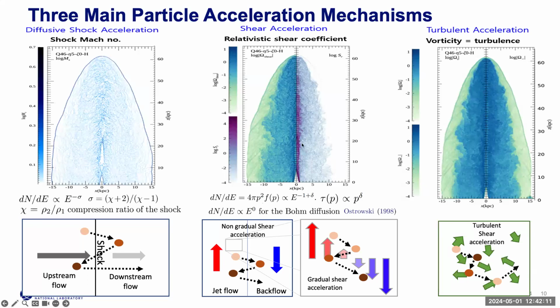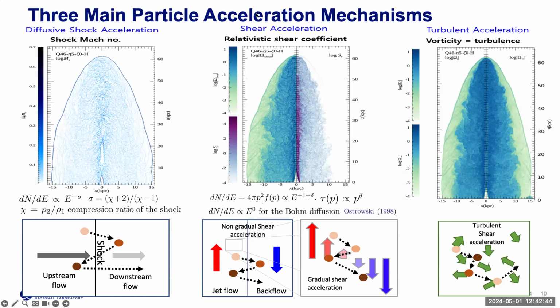And similar to the shock acceleration, particles are scattered around the shear layer, then they effectively gain energy. And through this shear acceleration, particles also have a power law distribution. It is also related to the scattering model, but generally through the shear acceleration, the particle energy spectrum is much harder than the energy spectrum generated by the shock acceleration.